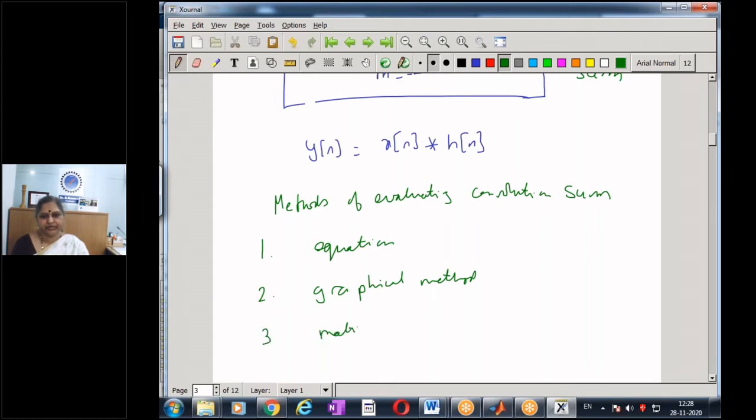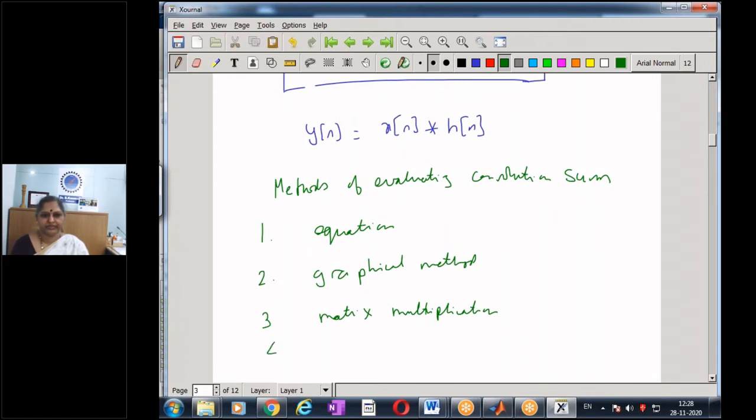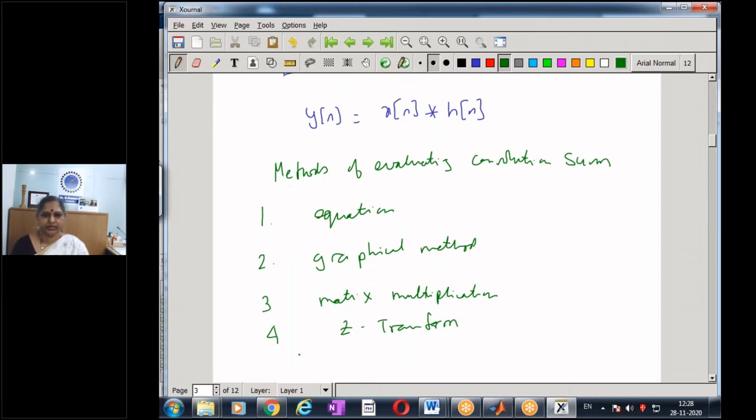Next is by a suitable matrix multiplication. Next is by using the Z transform. And next is by using the discrete Fourier transform and the inverse discrete Fourier transform. So these are some of the methods by which we can compute the convolution sum.